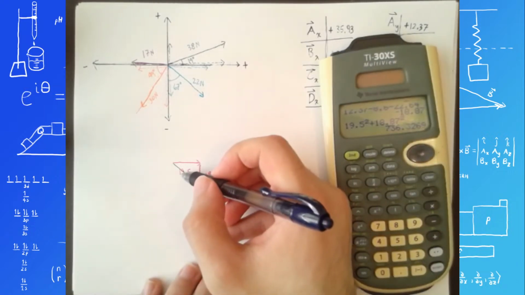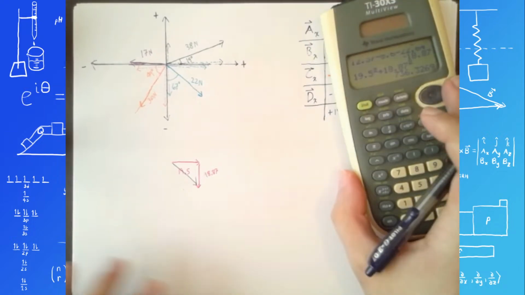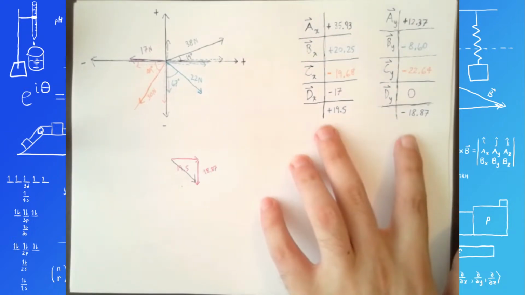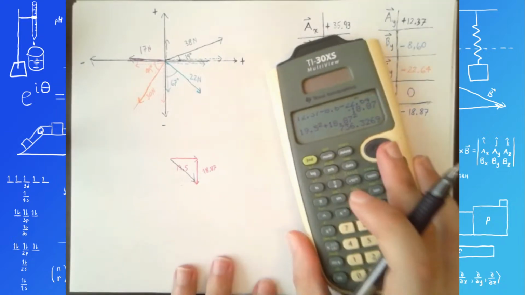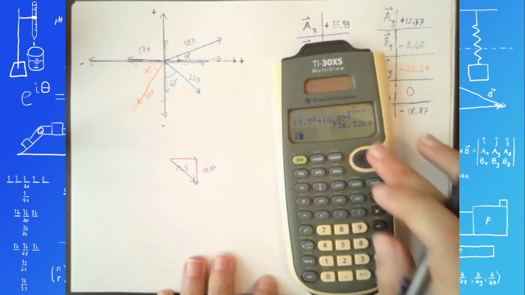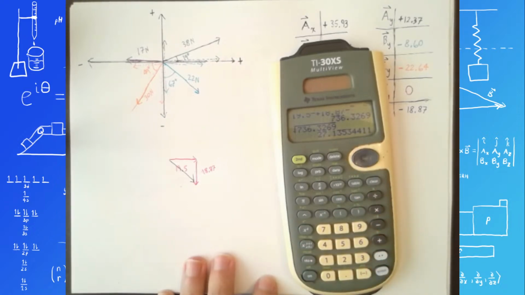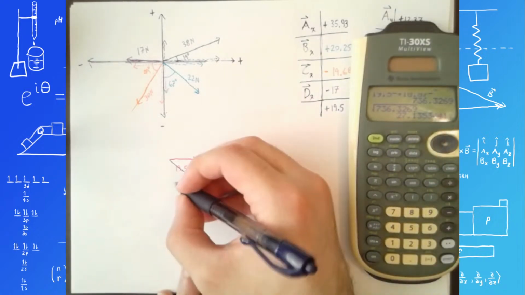Note that I've dropped the negatives from my drawing because these signs are only shorthand for the direction. And I get 736.3269. If I take the square root of that, I'm getting about 27.135, so that's going to round up to 27.14.